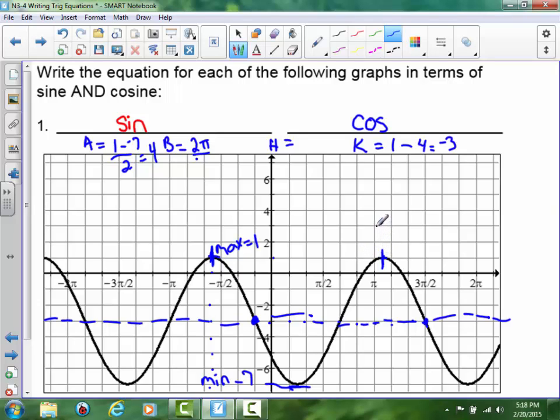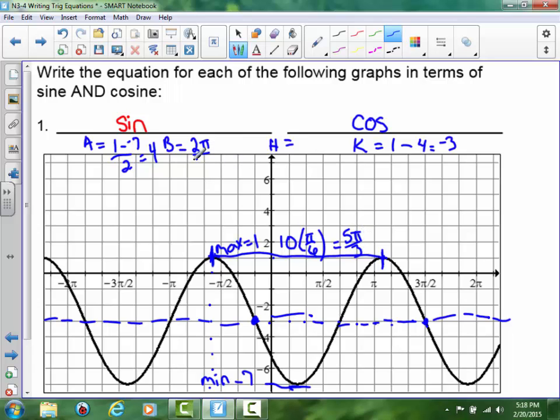Okay, so p is going to be the same for both graphs, just like a and k would be the same for either one. So, this isn't as hard as I thought it was going to be. So since p was 10 units, I'm just going to count it across here. The distance across here is 10, and our units we're counting by pi over 6. Okay, so I want to simplify that. 10 times pi divided by 6 is 5 pi over 3.